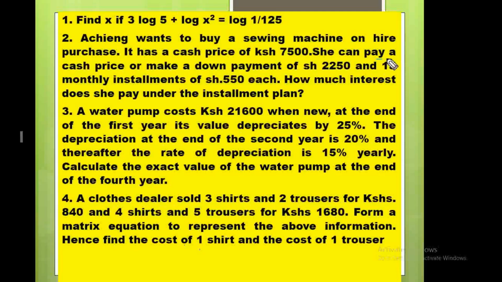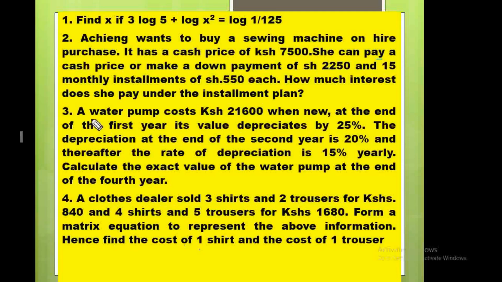She can pay the cash price or make a down payment of 2,250 shillings and 15 monthly installments of 550 shillings each. How much interest does she pay under the installment plan? So you can also go ahead and write down that question number 2.